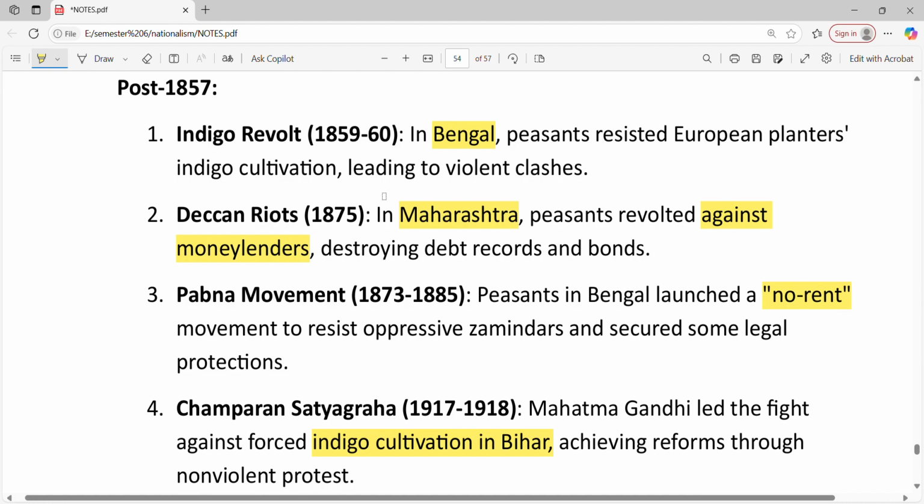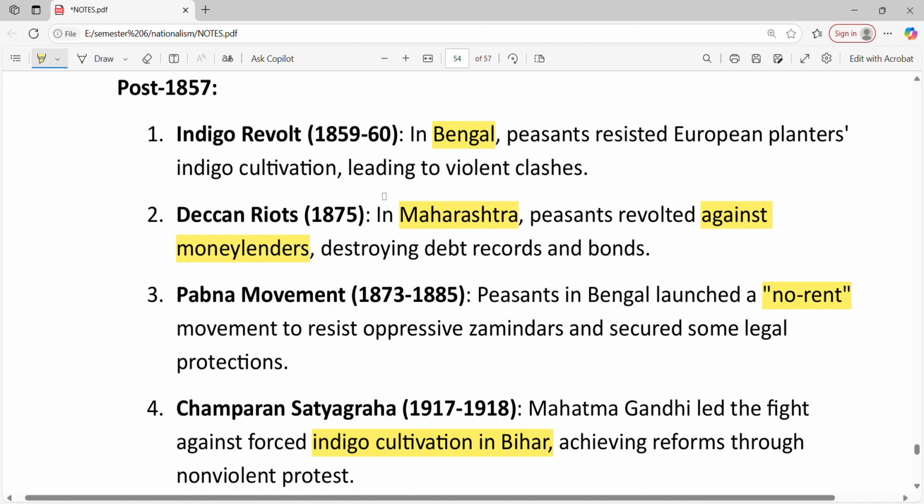Okay. Next we have the Deccan riots. It was in Maharashtra. It was peasants revolting against moneylenders. Peasants destroyed debt records and bonds. This was in response to the Ryotwari system. The Ryotwari system favored the Vanis, the village moneylenders, and the cultivator caste was devastated.